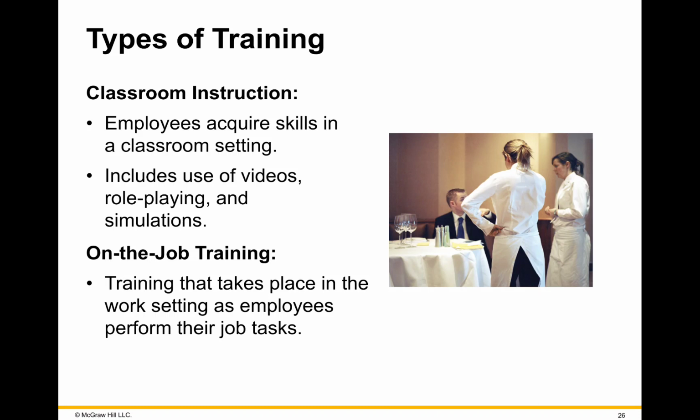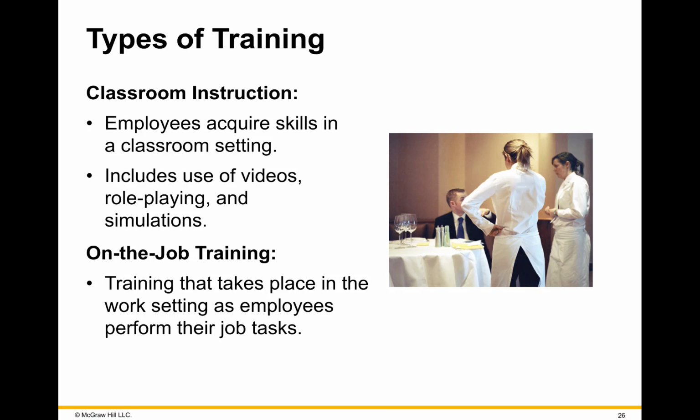On the job training is where learning occurs in the work setting, as employees perform their job tasks. Co-workers or normally supervisors can provide the job training. They will show them how to complete the job.